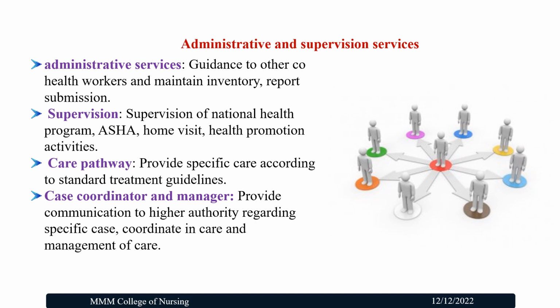Supervision of National Health Programs, ASHA, home visits, health promotion activities. Care pathway: provides specific care according to standard treatment guidelines. Case coordinator and manager: provide communication to higher authority regarding specific cases, and coordinate in care and management of care.